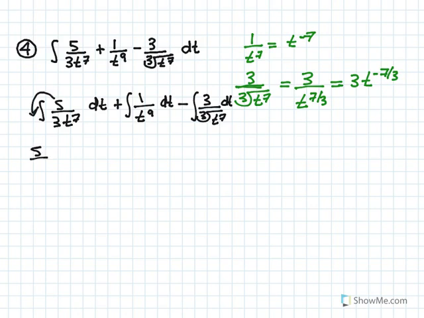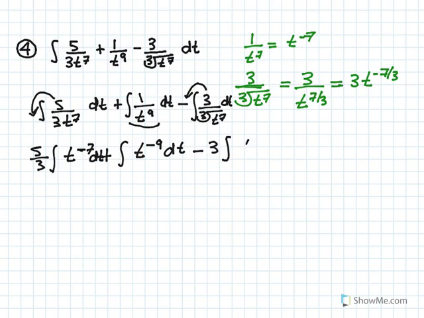That's 5 over 3 integral t to the minus 7 plus integral t to the minus 9. We can rewrite 1 over t to the 9 as t to the minus 9. And let's not forget the dt here. Minus, the 3 passes through, and we get minus 3 integral t to the negative 7/3 dt.